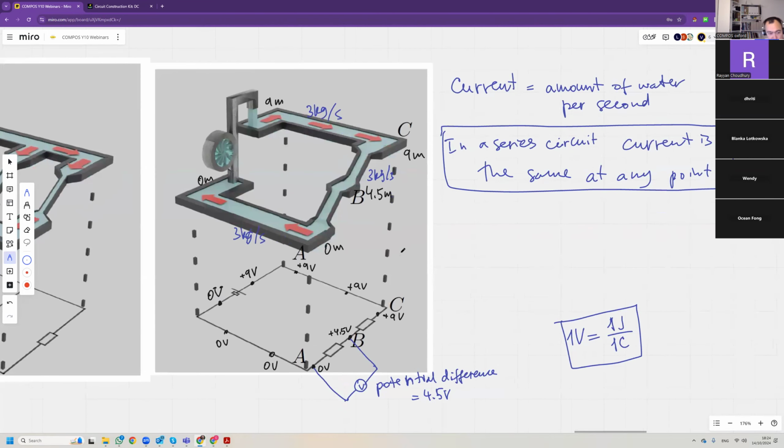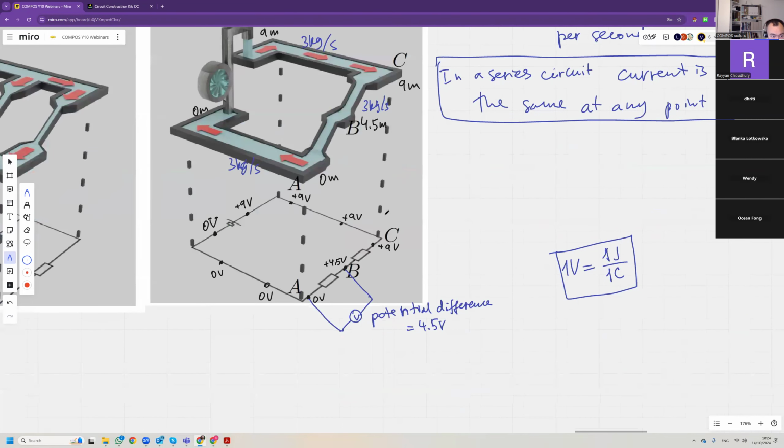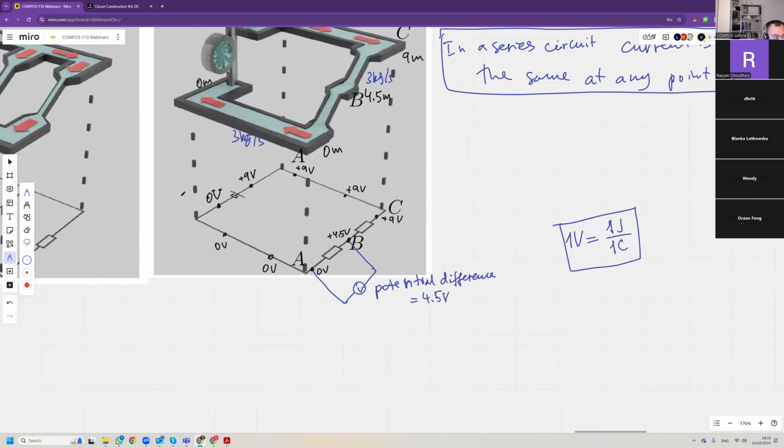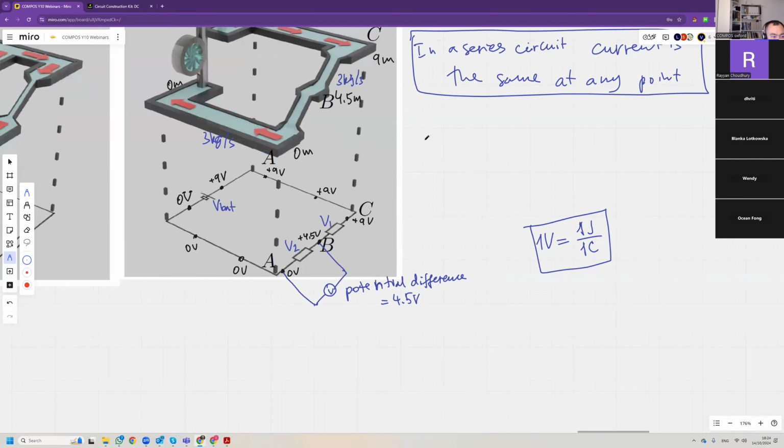The voltage. Well, if you look at the potential difference, the voltage on the battery, V battery, V on the first resistor and V on the second resistor, the potential difference on the battery must equal the potential difference on the first resistor plus the potential on the second resistor.